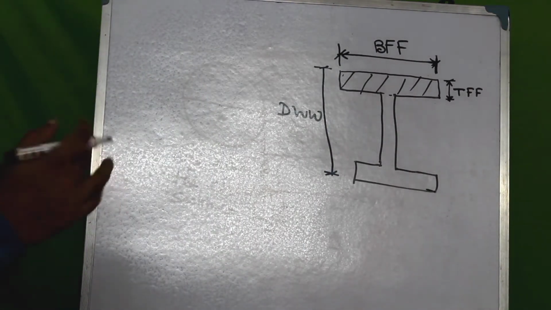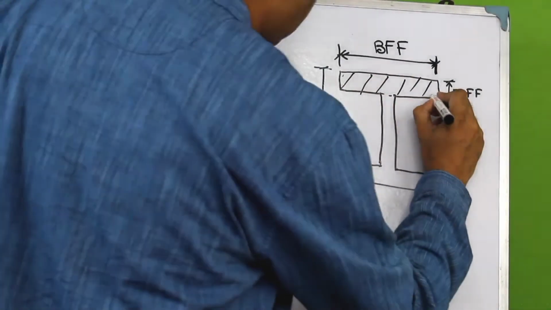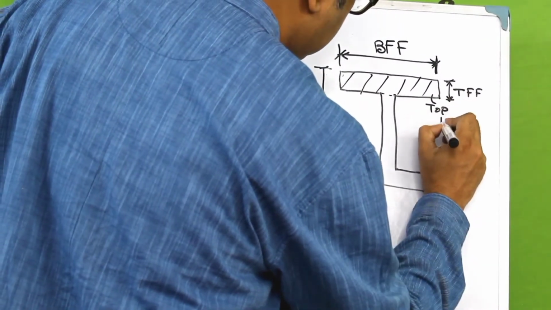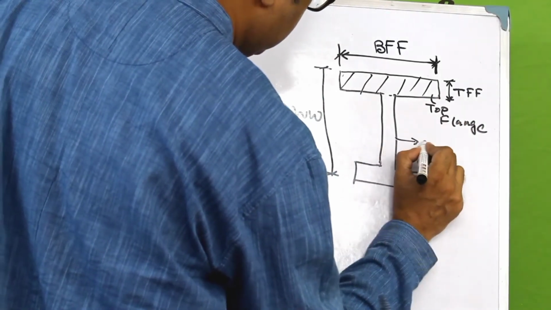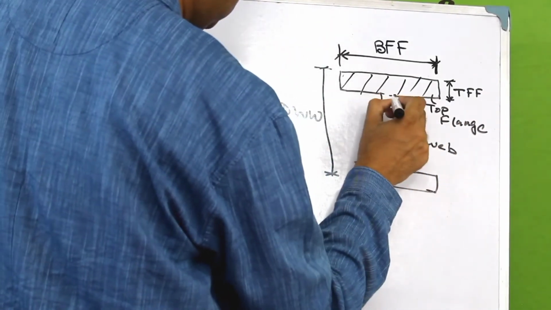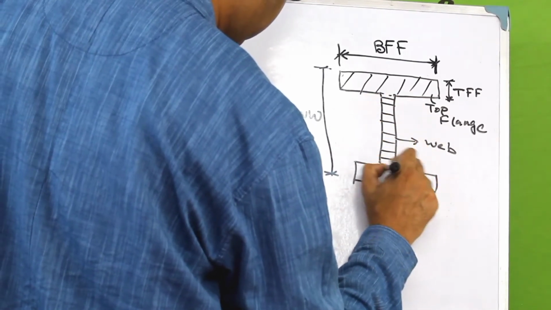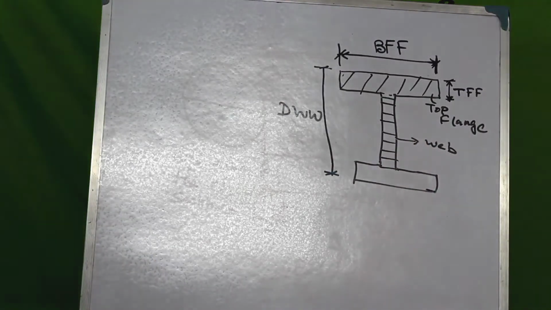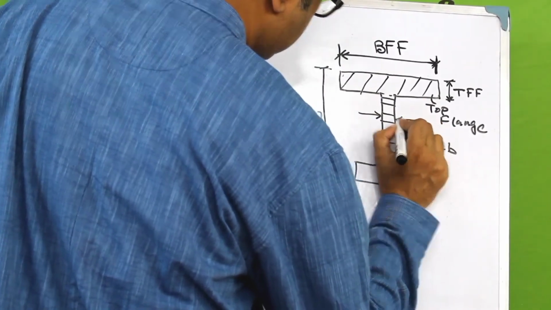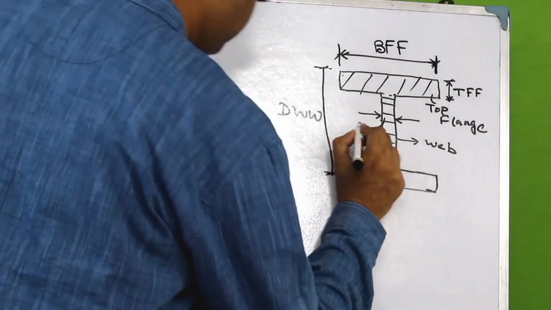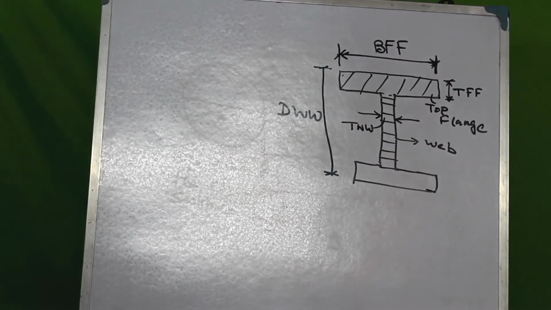Then, this is the top flange, and this rectangle here is called the web of the cross section, and the thickness of the web in STAAD terminology, in terms of user table general section, is given as TWW, which would mean the thickness of the web.